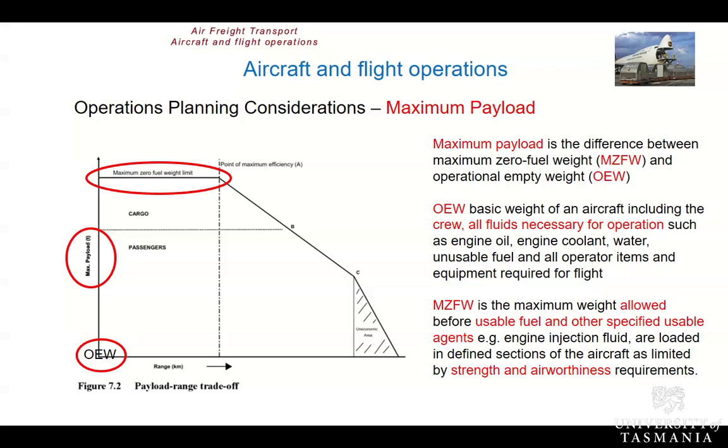And that's going to, as I said before, differ depending on the particular aircraft itself. On this particular example, this has been done for a passenger aircraft. We're talking about a weight issue, a discussion around weight. For this aircraft, this is the amount of weight in passengers and cargo that it can carry.